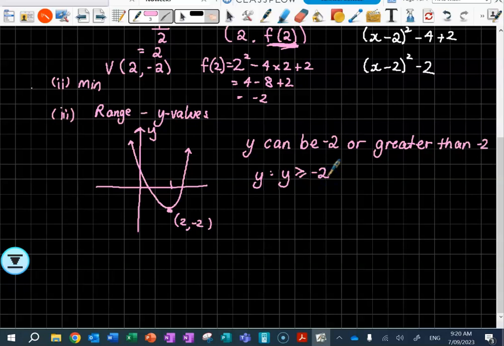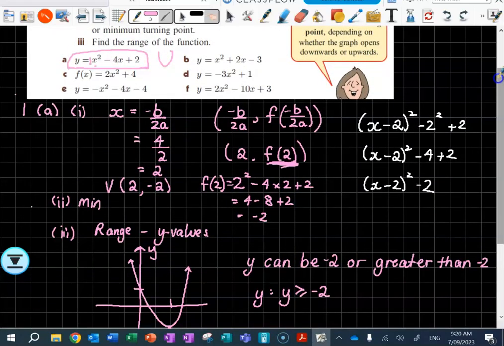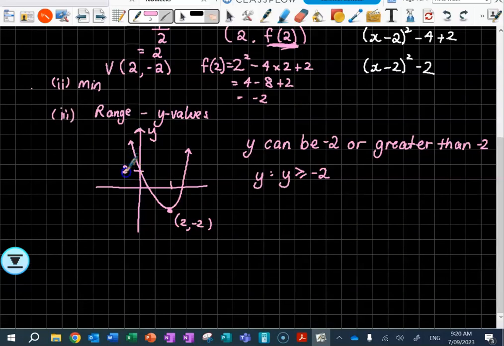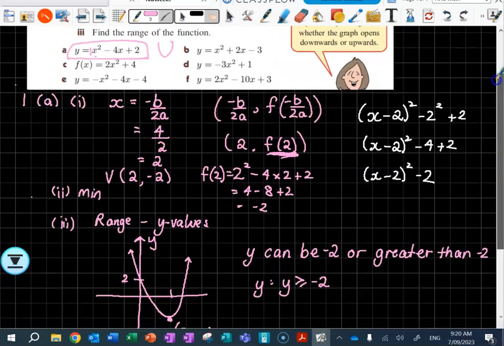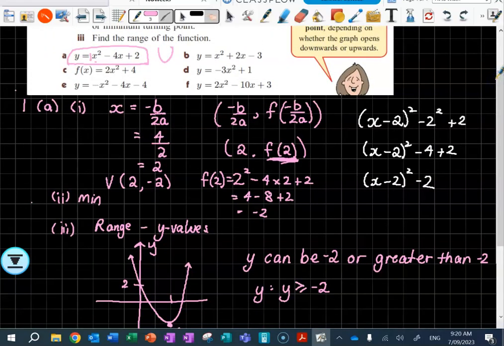Saves us ink. If it asks you to state what the y-intercept was, I can just look. What is my y-intercept? Yep, well done, Gus. It's 2. What if they ask me for my x-intercepts? I would try and look at it and go, could I factorize it?